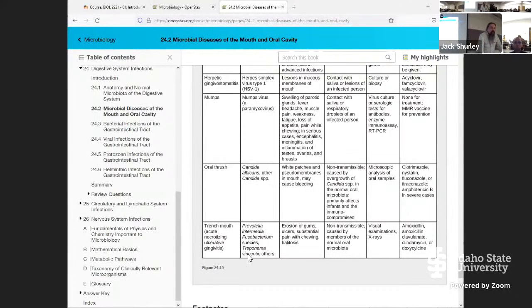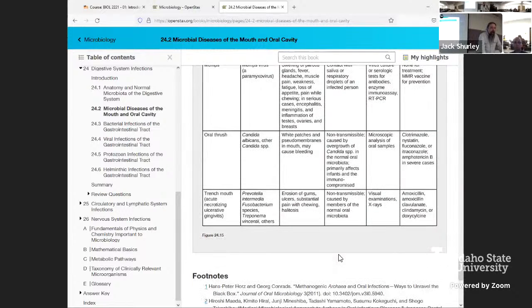So Prevotella, Fusobacterium, and Treponema are three of the genera that can cause trench mouth, and there are a couple of others, but these are the main ones. So erosion of the gums, ulcers, there's serious pain and halitosis. So also thinking normal players, the situation's getting kind of out of whack as well.